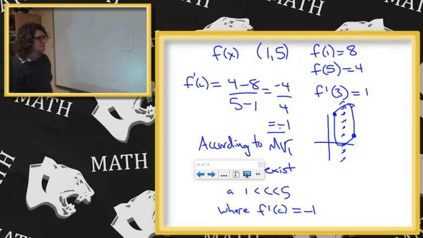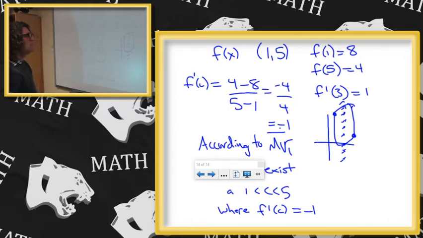Wherever that ends up being, it doesn't matter because it's somewhere on the interval between 1 and 5. I think that's okay for that one. Could f of x be greater than 8? No, could, for some x in 1 to 5.